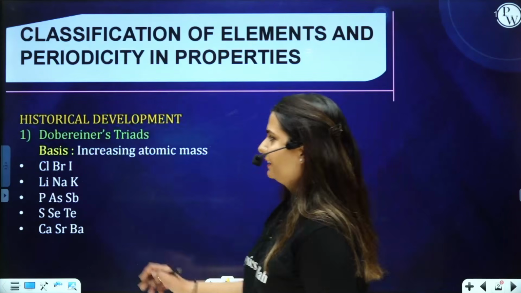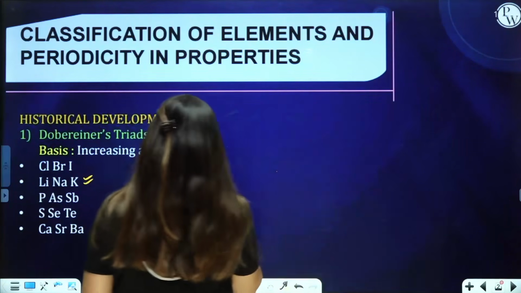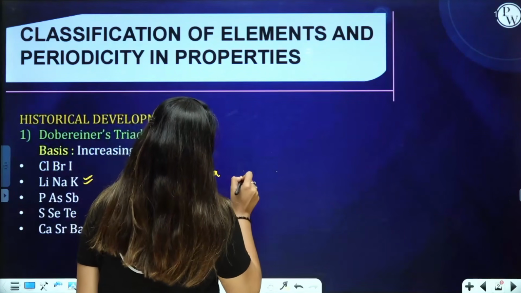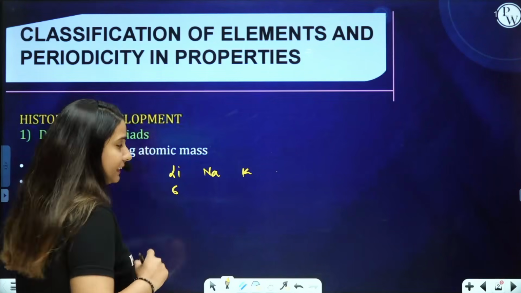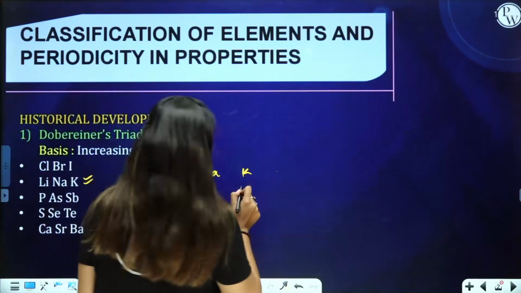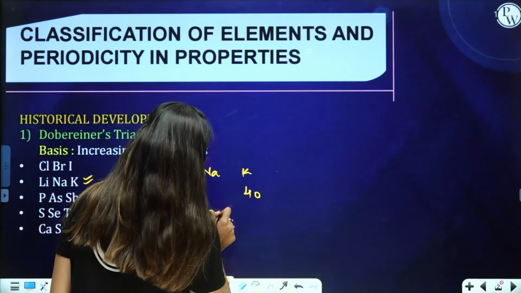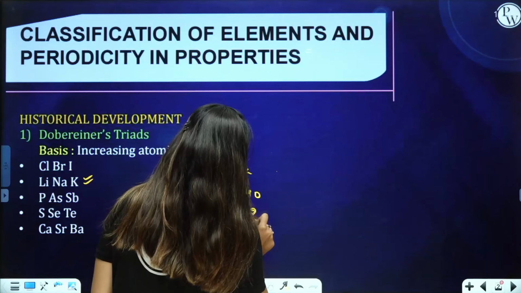Let's say I take the example of lithium, sodium and potassium. So lithium, then we have sodium and then we have potassium, right? Lithium has its atomic mass as 6. Potassium has its atomic mass as 40. So if I take the average, 40 plus 6 divided by 2, it comes out to be 23.